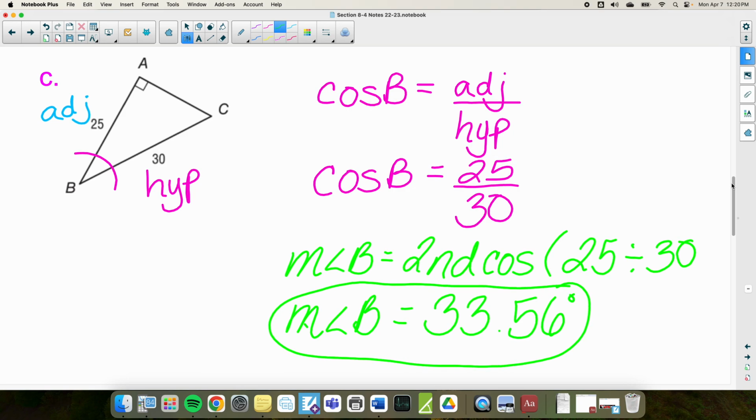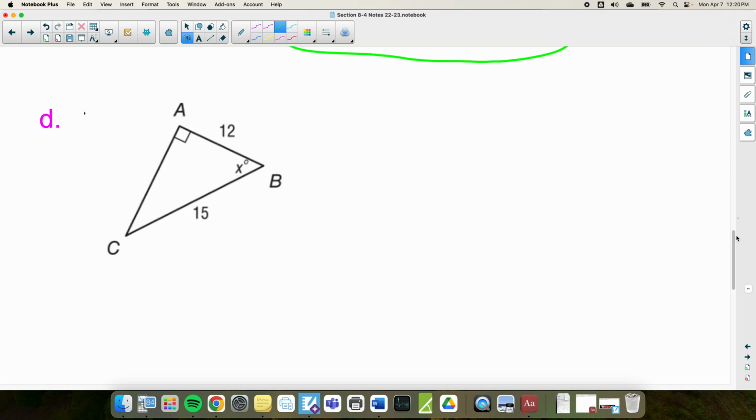Now, let's do one more. So this one, we're still finding measure of angle B, because that's what they asked for up above in the directions. So I'm finding this angle, okay? What do you call the 12 if it's between your right angle and the angle that's marked? Adjacent. And what do you call the side that's across from your right angle?